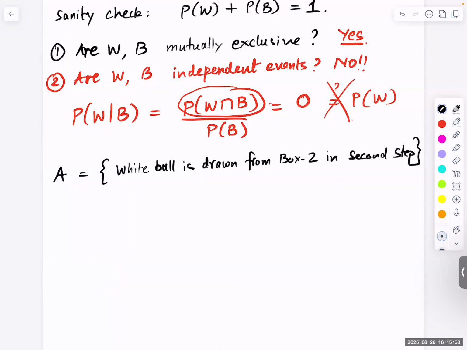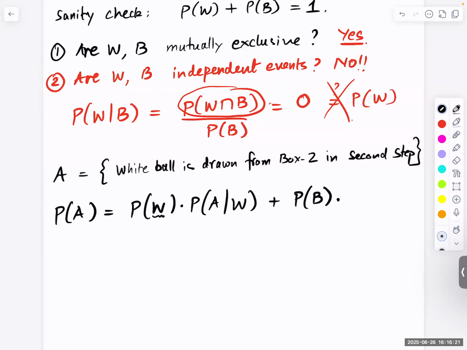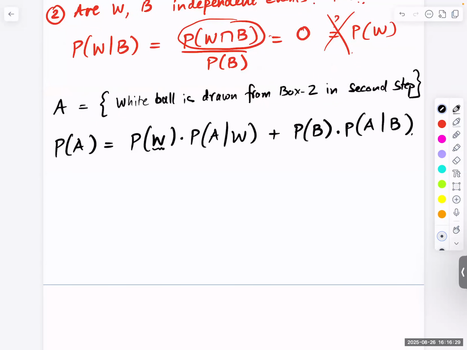Now we're in a game of applying the total probability theorem. We know W and B are a partition of the first step's sample space. So we can write P of A as P of a white ball being drawn in step 1 times the probability of event A happening given W, plus the probability of a black ball being drawn in step 1 times the probability of event A happening given B. We computed P of W and P of B, so we have these numbers in place.